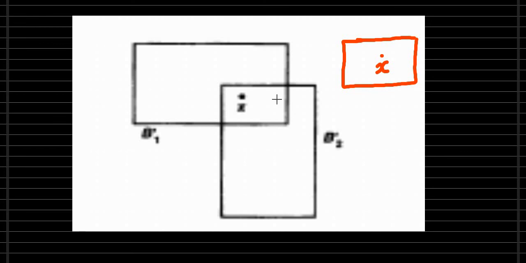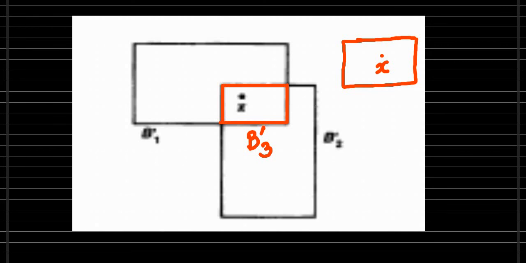That member B3 dash, which contains x and is contained in B1 dash intersection B2 dash, is shown by means of a rectangle whose sides are shown by the red colored lines. This is our B3 dash. Therefore, both the conditions required for becoming a basis are satisfied here.